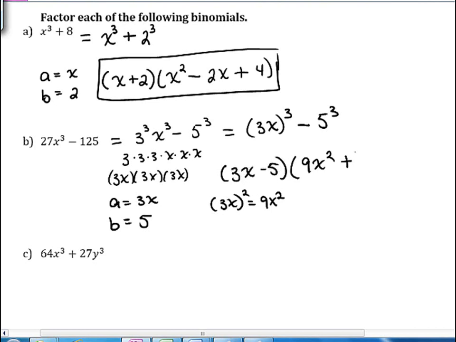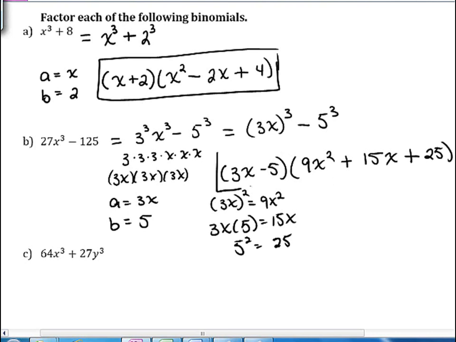And 3x times 5 gives us 15x. And then the last term is always positive, and it's your b squared. And 5 squared is 25. So again, this last term is b squared, and our b was 5. So that's how we got the 25. So there is our final answer.